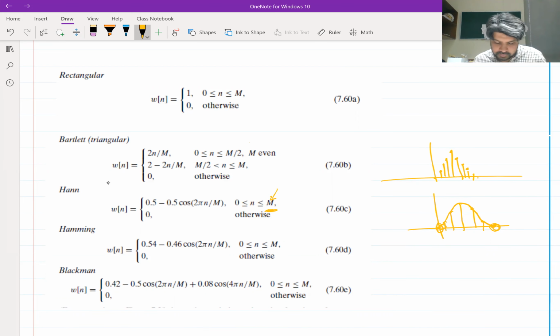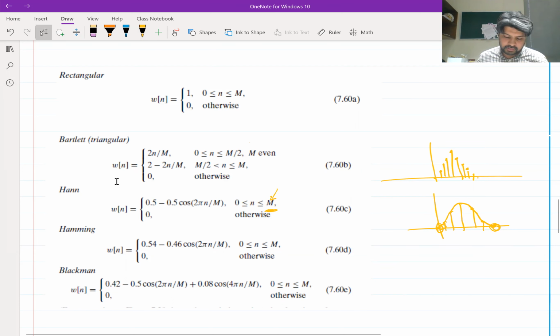And you can see that if n equals 0, w of n would be 0.08. And then Blackman said that why are you restricting yourself to the first harmonic of the cosine function, why not use the second harmonic? And he presented a window taking two harmonics of the cosine, okay? So that is how these windows are, right?